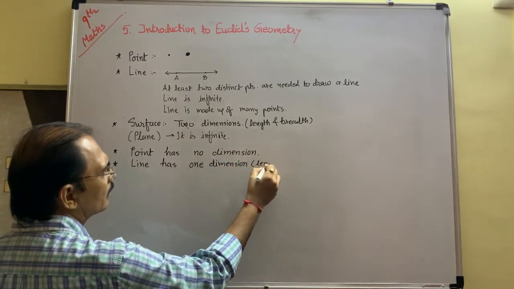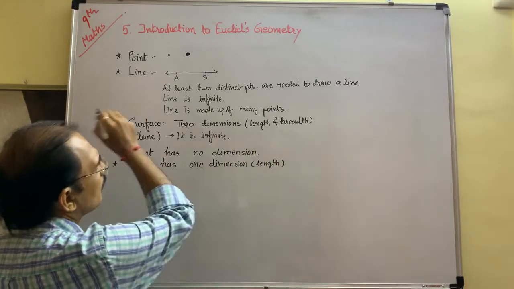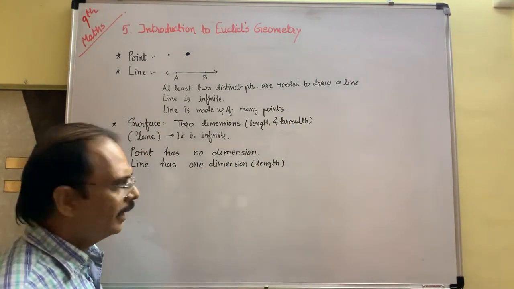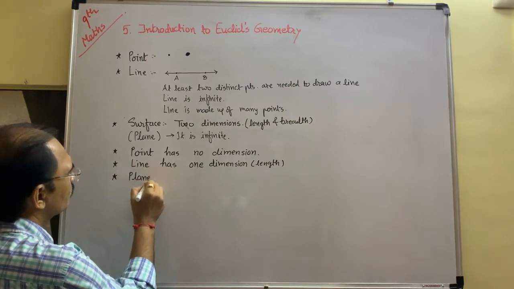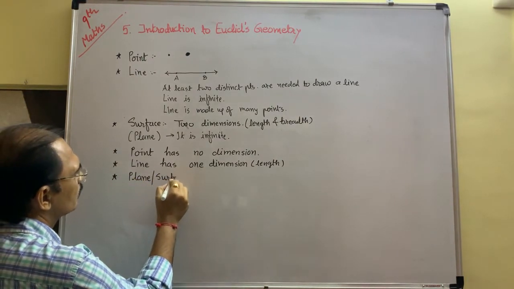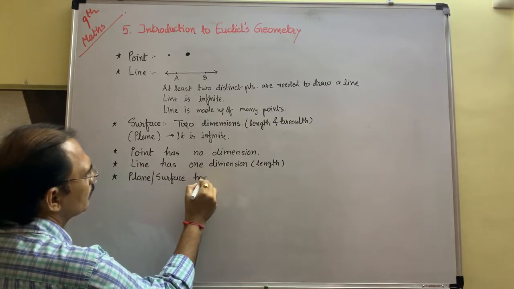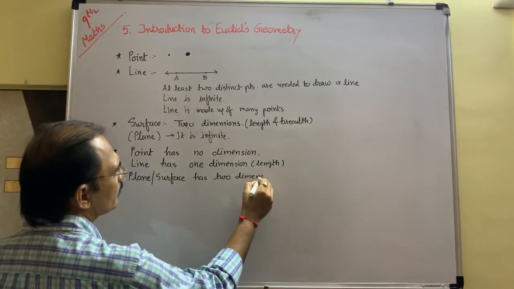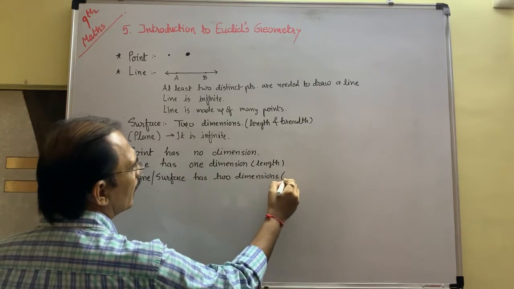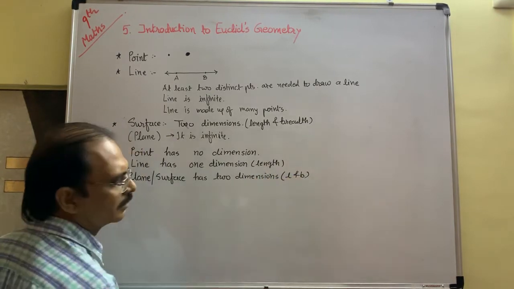That is called length. Okay? Line has only 1 dimension. Plane or surface has two dimensions, that is length and breadth.